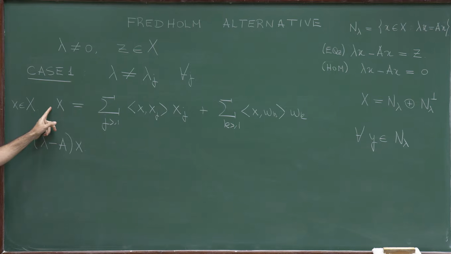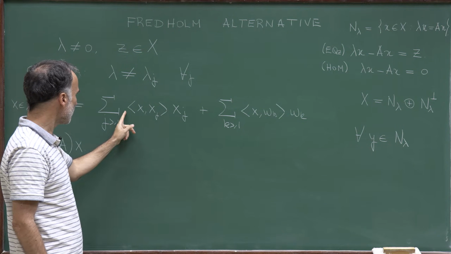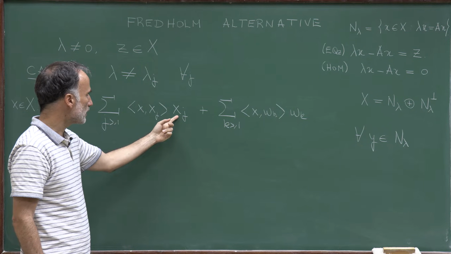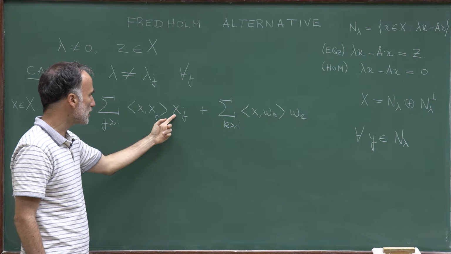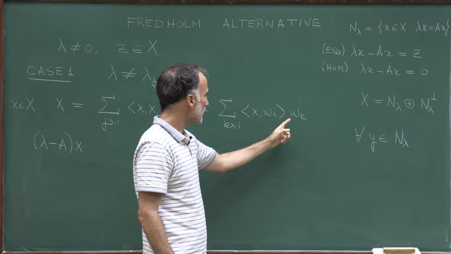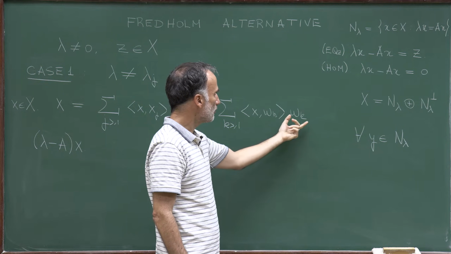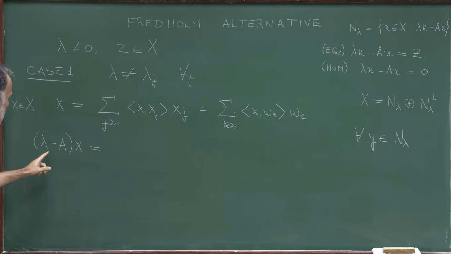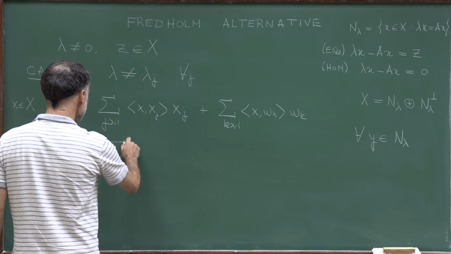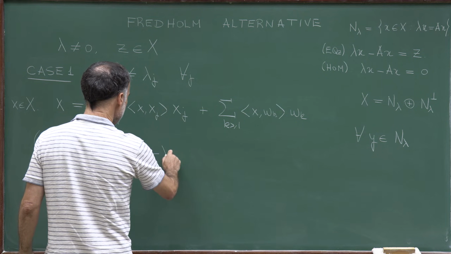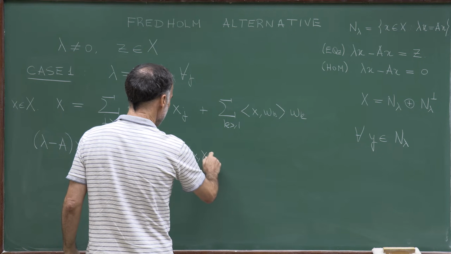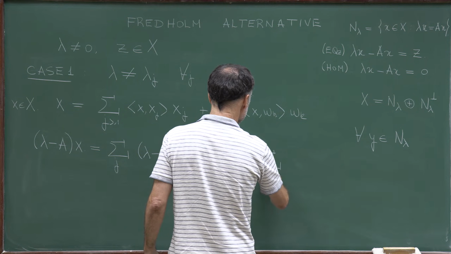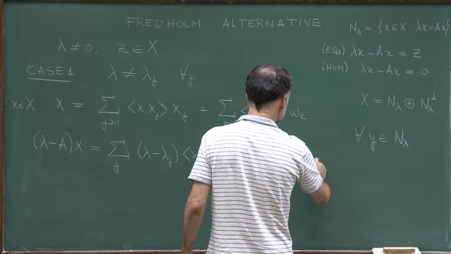Now if I apply A to x, by linearity I'm applying A to xj, and xj is an eigenfunction associated to the eigenvalue lambda j, so A xj will be lambda j xj. And if I apply A to wk, A wk is 0, so this piece disappears. So what I get is that lambda x minus Ax is equal to the sum of (lambda minus lambda j)(x, xj) xj plus the sum over k of lambda (x, wk) wk.